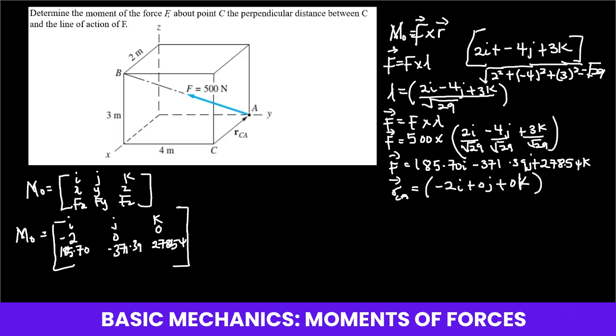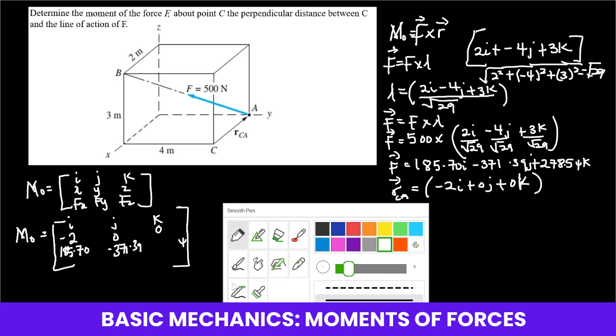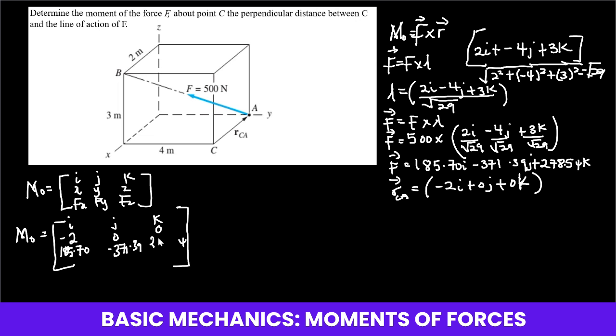Now once you are done, let me make it clear here so that you can see it very well. So at this point we have the 278.54 here. Now, what are we supposed to do? We can cross multiply it.